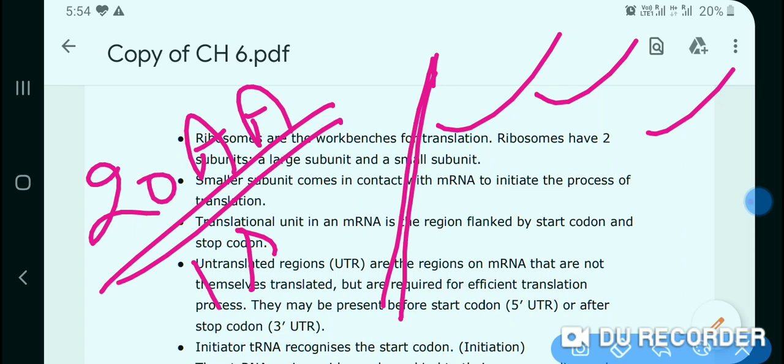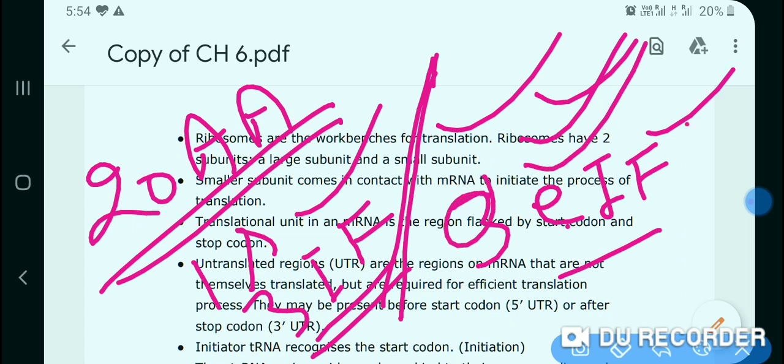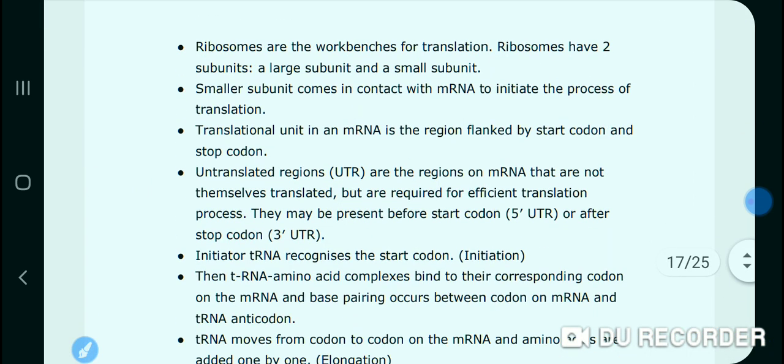In prokaryotes, there are 3 initiation factors, but in eukaryotes there are 9 initiation factors. In prokaryotes I have written it IF, initiation factor, and in eukaryotes I have written it eIF, e for eukaryotic. Sorry, this is 9. So these are the differences between the translation in prokaryotes and translation in eukaryotes.